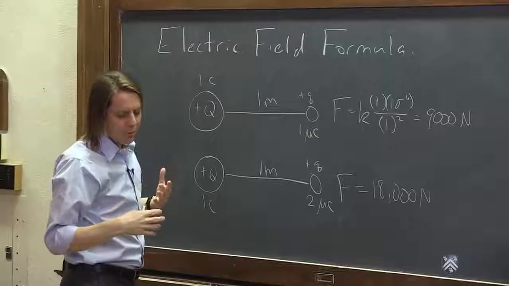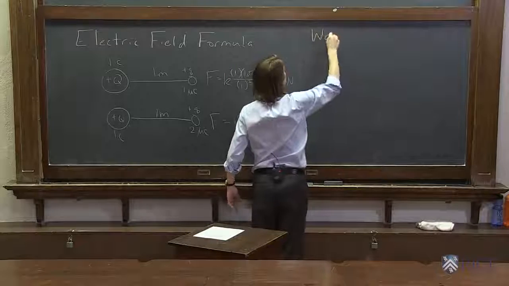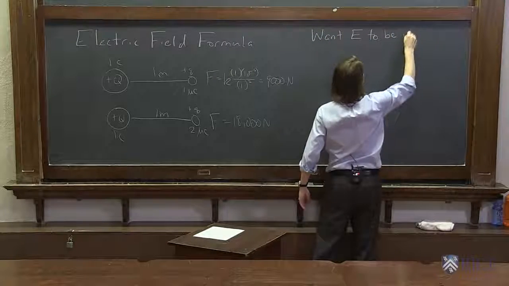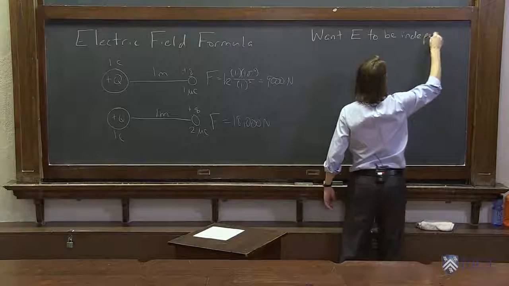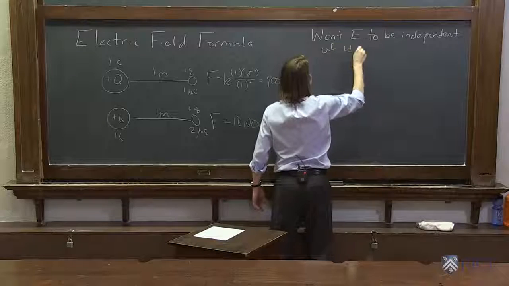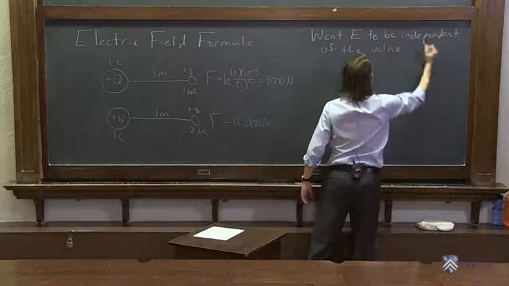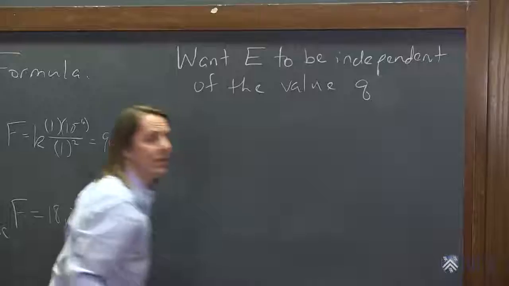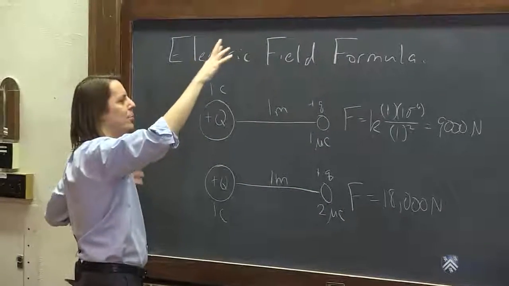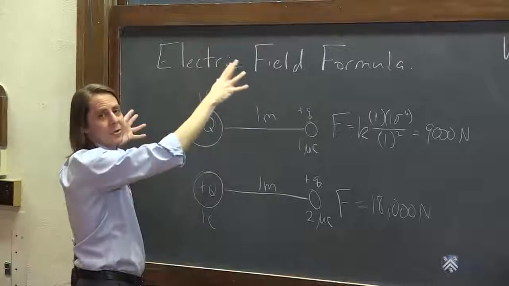So what we want for the electric field is for it to be independent of the value of little q. We want this idea that this big charge is sitting here, putting out an electric field that will push on other charges, but the electric field it puts out is independent of those other charges.